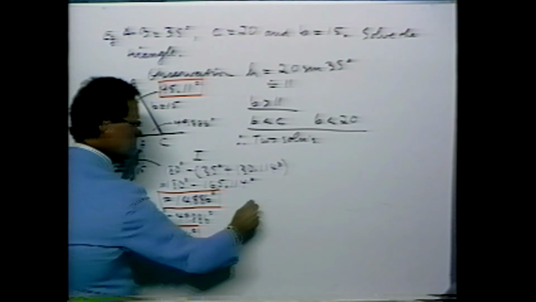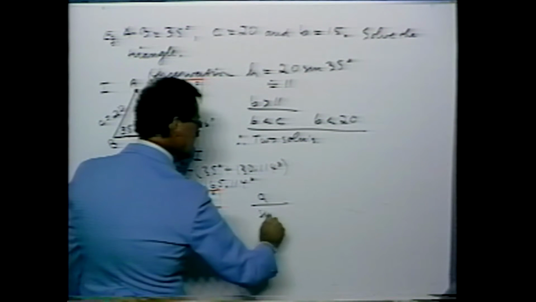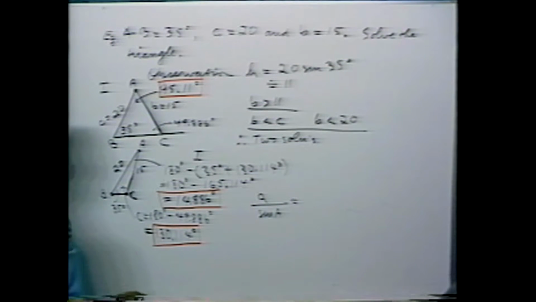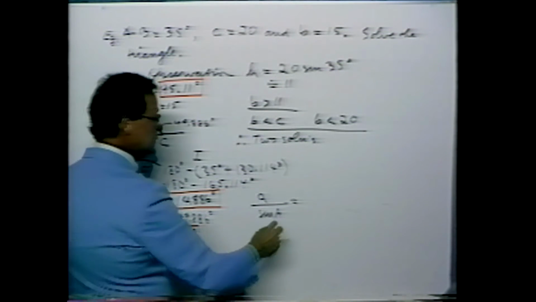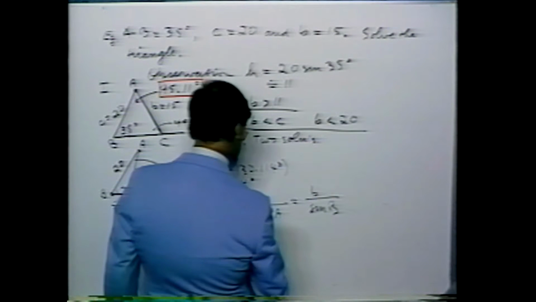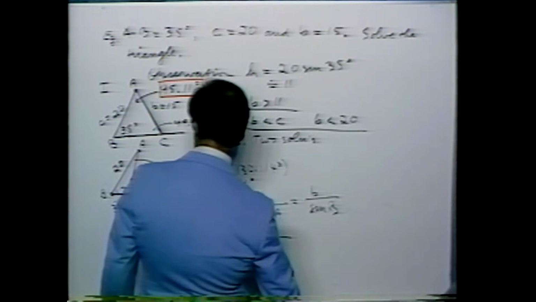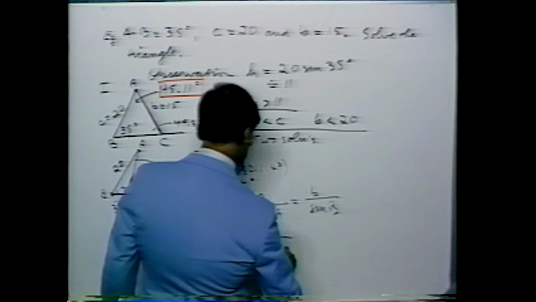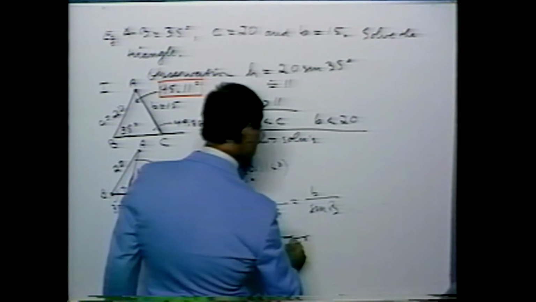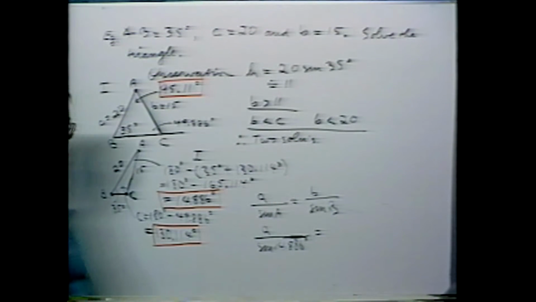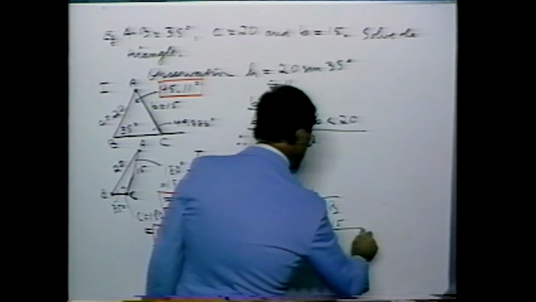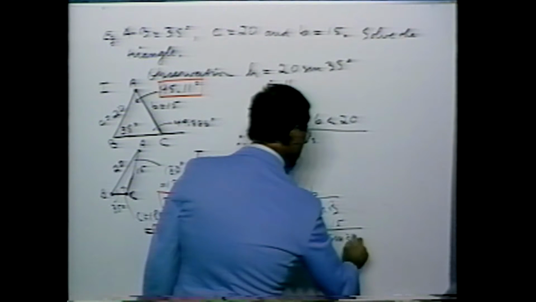Small a over sine A equals, it doesn't make any difference what other ratio we use, I'll use b over sine B. Sine of angle A, 14.886 degrees, is required, and that's equal to the length b, which is 15, over the sine of 35 degrees.